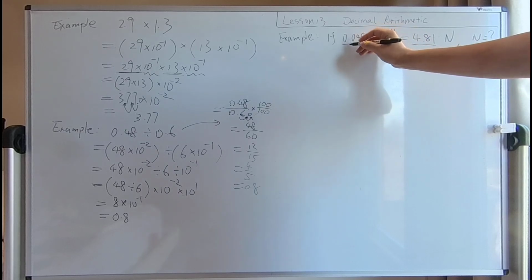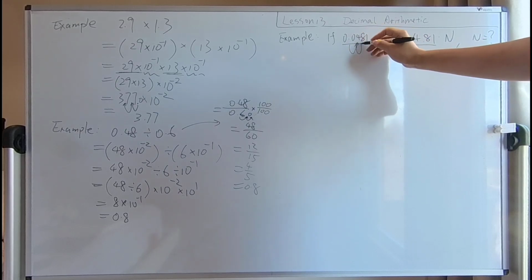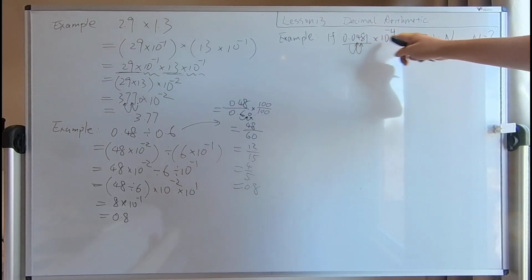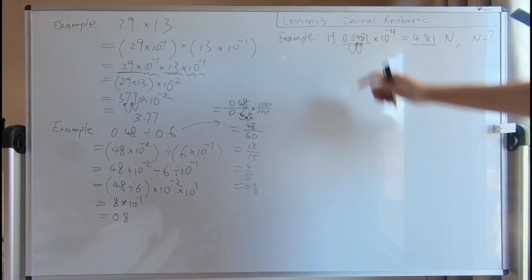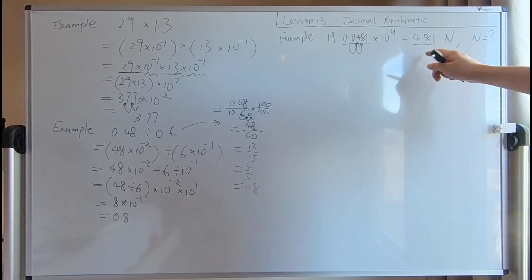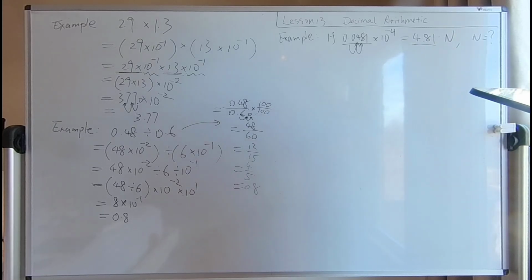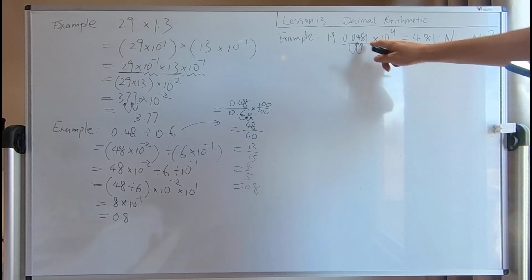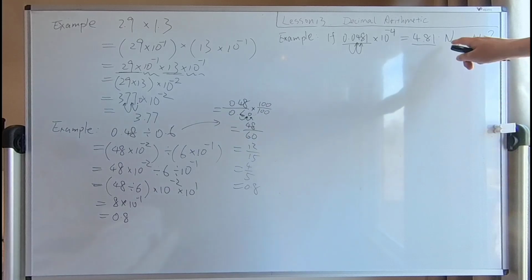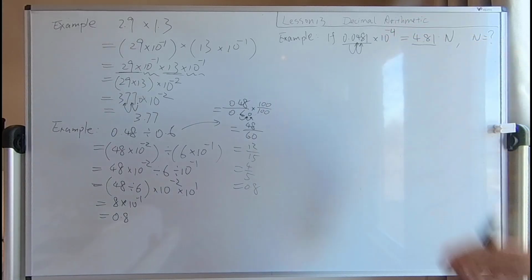If I move this decimal point 2 steps to the right, I will get the 4.81 as well. So this means this number is 100 times smaller than that one, right? And then 100 times smaller, multiplied by 10 to the power of minus 4, will get you the value of n. But let's do this step by step.